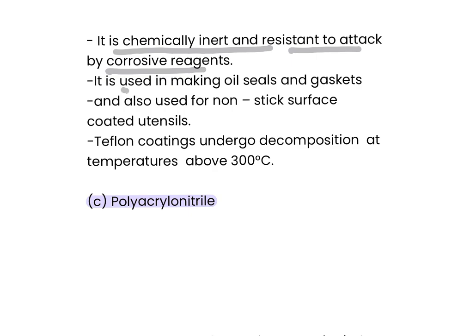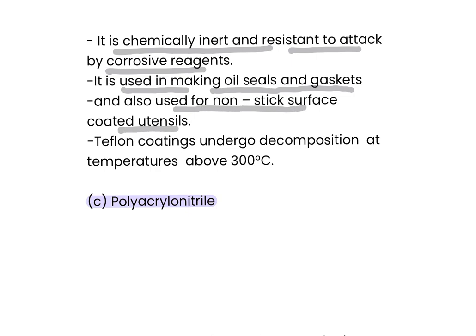Next, it is used in making oil seals and gaskets. You know that pressure cookers have a rubber type compound, that is the gasket, and it is also used to make oil seals. You may have also heard nowadays of Teflon coating for cars, used to prevent rusting, and also for non-stick coated utensils.